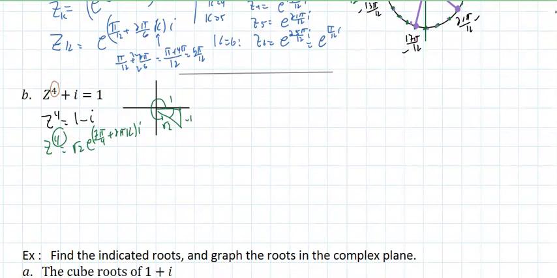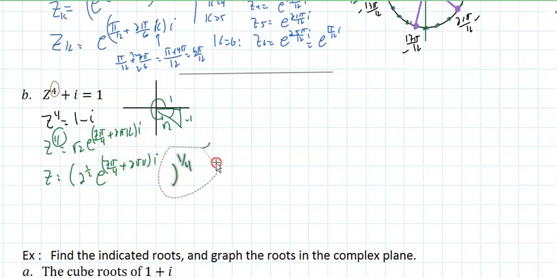And if I proceed and take the fourth root of both sides, that's raising both sides to the 1/4 power. That is radical 2, or I should say even better, 2 to the 1/2 e to the 7 pi over 4 plus 2 pi k i, all raised to the 1/4 power.